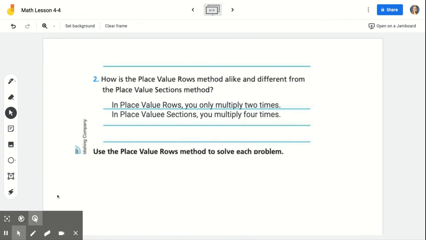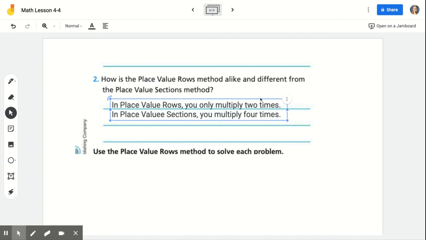All right, I'm sure you came up with several different ways that they're alike and different. Here's just one example. In the place value rows, you only multiply 2 times to get 2 partial products. And in the place value sections, you multiply 4 times and get 4 partial products.